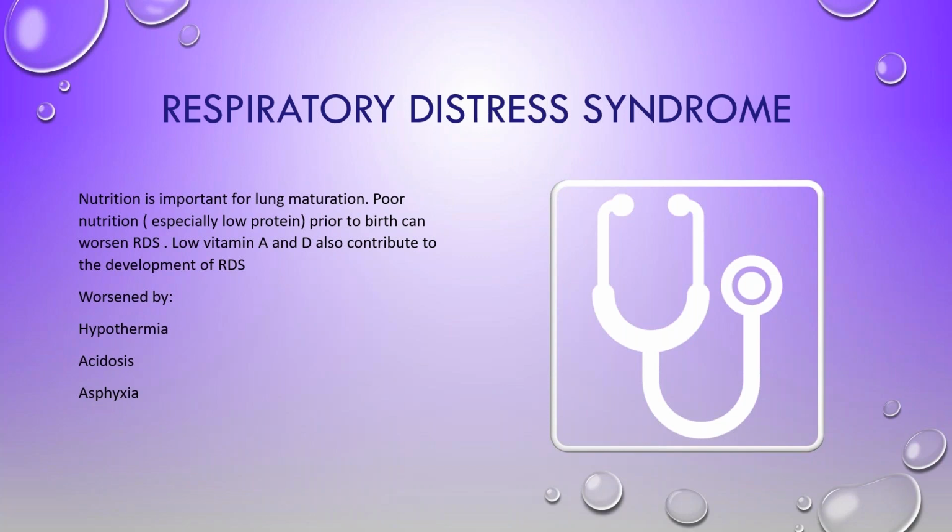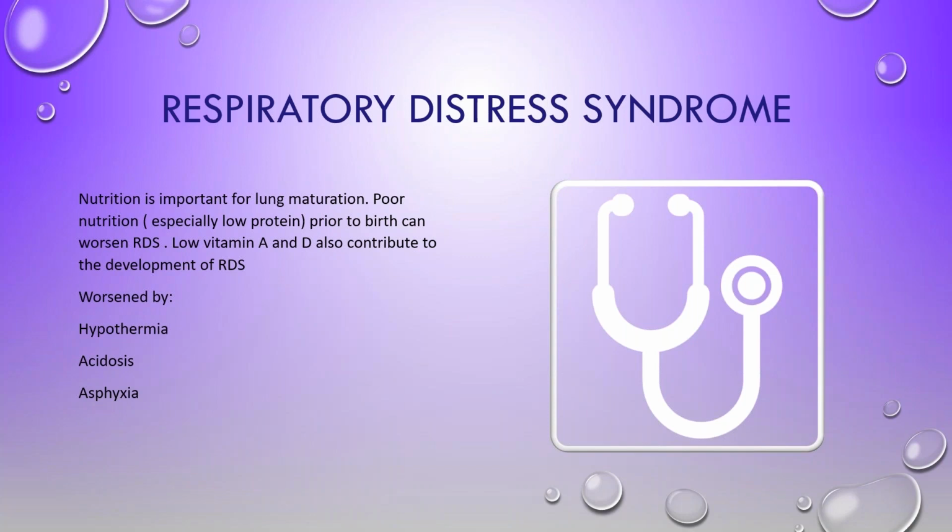So when initially we were taught about surfactant and the production of surfactant, the body takes about a 6 to 12 hour period to start producing surfactant. And so by at least 24 hours, the baby should start producing its own surfactant.